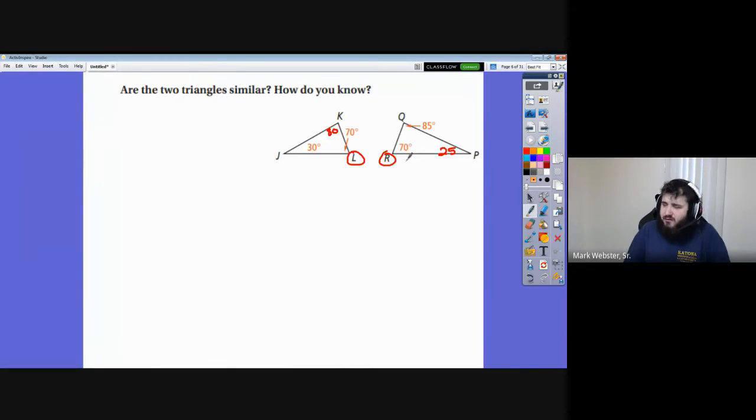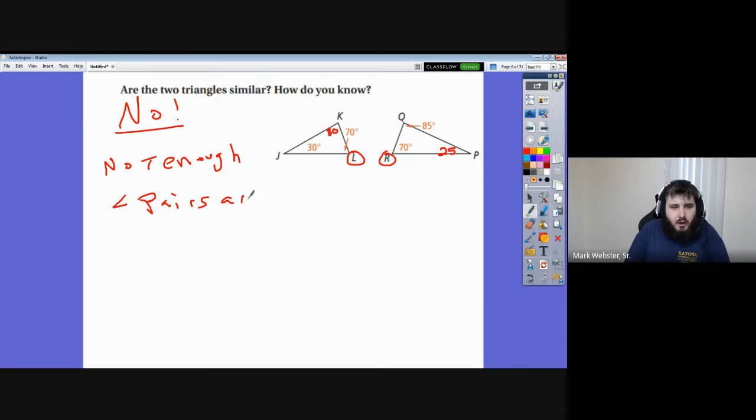Do we have two pairs of angles that are the same? We got angle L and angle R. And that's it. We don't have three pairs of angles that are the same. We don't even have two pairs of angles. We just have one. So are they similar? No. Not enough angle pairs are the same.